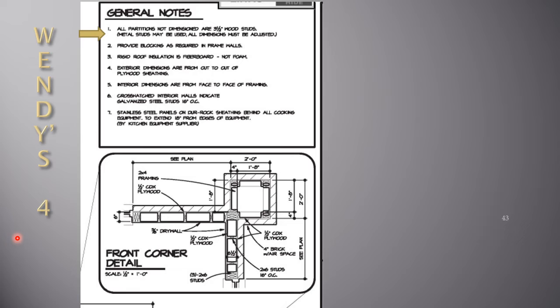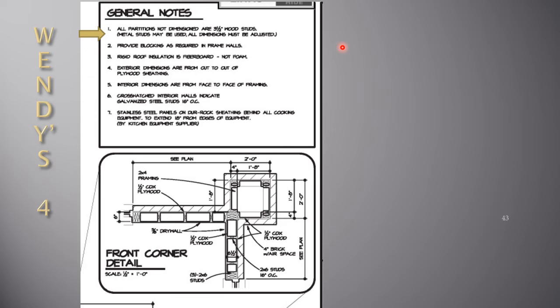But what this note is reminding us is that the width of a metal stud is often 3 5/8 inches rather than 3.5. So all your interior or exterior dimensions will be 1/8 of an inch off. So that's what this is telling us, to keep that in mind.